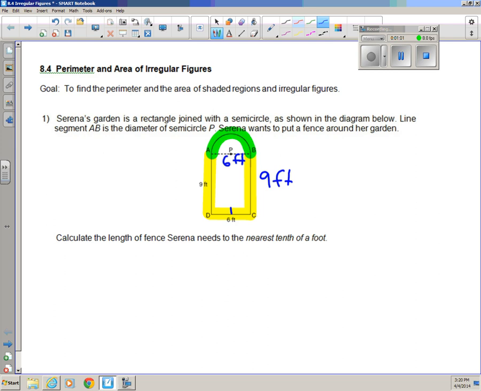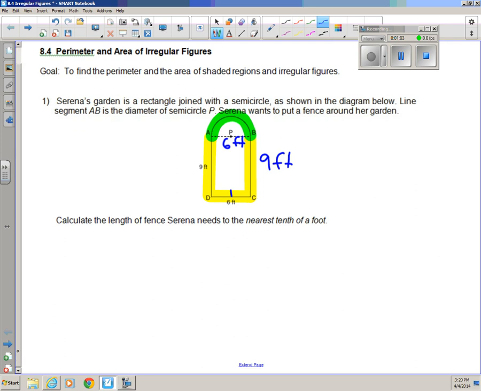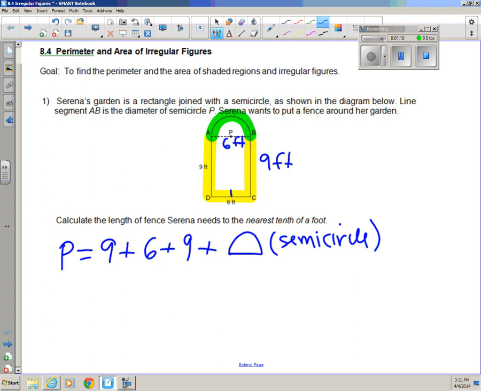So the idea is for the perimeter, first we need to know what 9 plus 6 plus 9 plus this part of your circle, and that's basically a semicircle. So let's deal with the semicircle for right now.